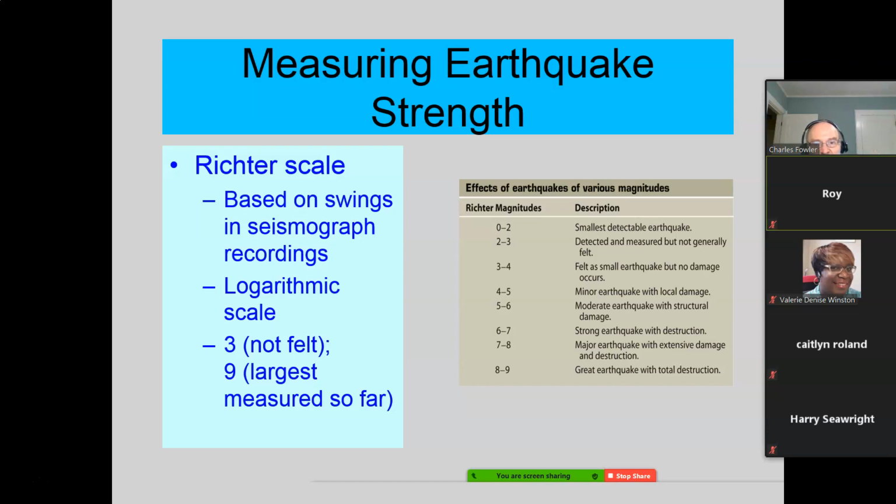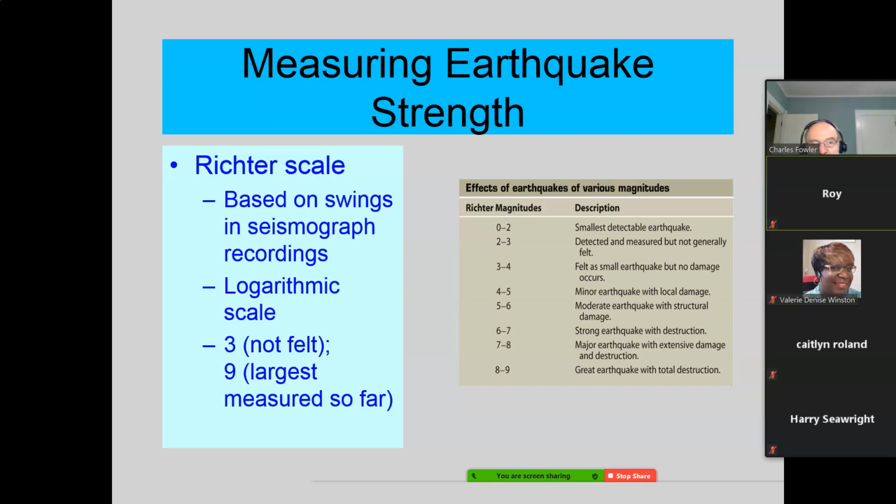But because Chile had very, very strong, stringent building codes, much less damage occurred there. They had damage, believe me, they had damage, but not nearly the extent they had in Haiti. So Haiti's quake was not that strong. It's just the terrible building codes and no building codes that caused so much damage.